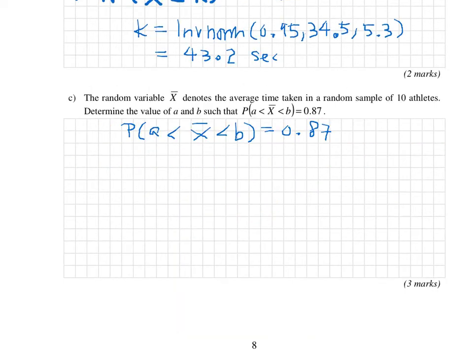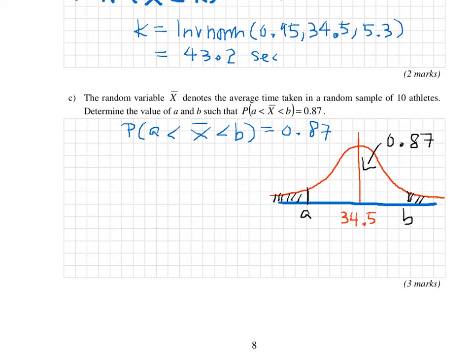For the last part, we're given this one, and I'll try to illustrate it using the curve. Now with this illustration, you can see that the white area region lying between A and B is 0.87.